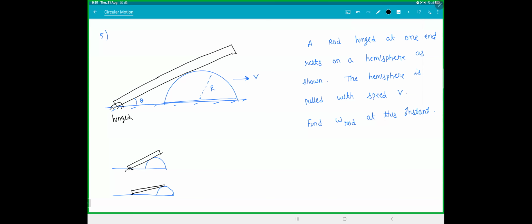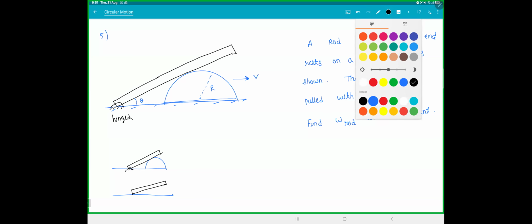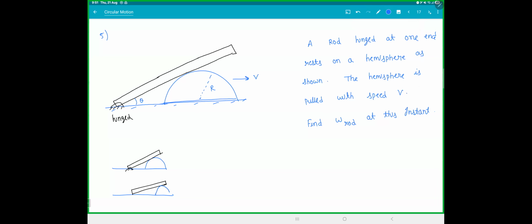The rod has become something like this. So you can clearly see the angle is changing continuously. If theta is changing, that means there is an angular velocity. Find the angular velocity of the rod at this instant, or when the angle is theta.